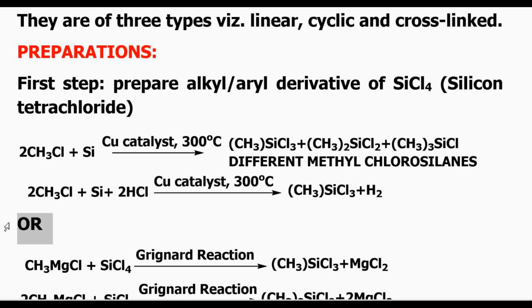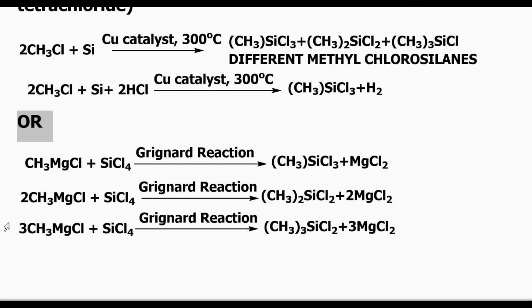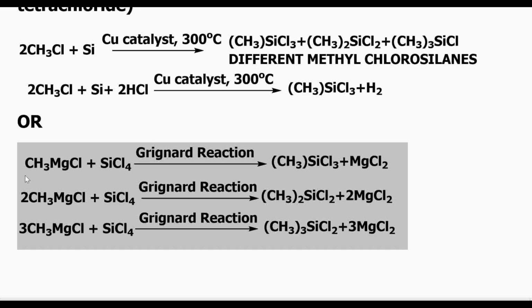So this is one of the ways of making methyl silicon halides. There is yet another method for making methyl silicon halides, and that is based on Grignard reactions. Grignard reagents are RMgX, so in place of RMgX, we have CH3MgCl. React it with SiCl4. You take 1 mole of RMgX and 1 mole of SiCl4, perform the Grignard process, and you will get methyl silicon chloride along with MgCl2.